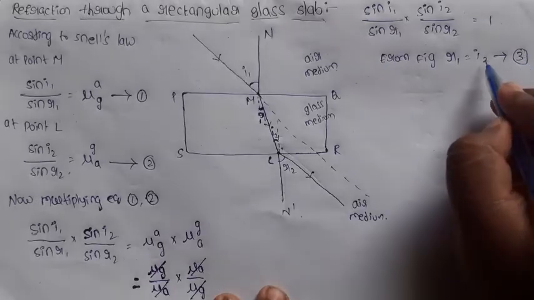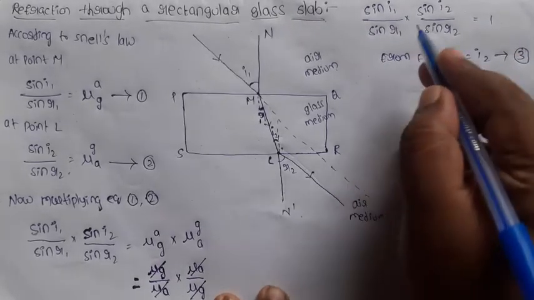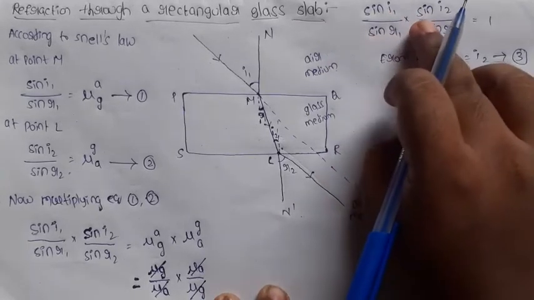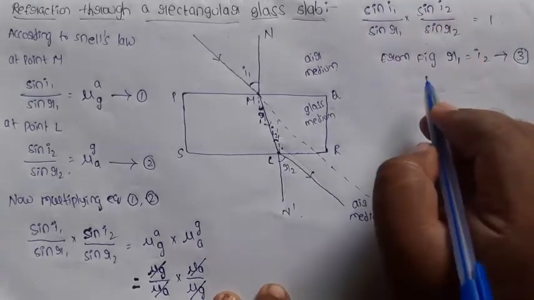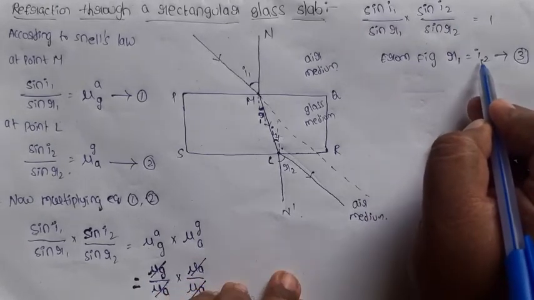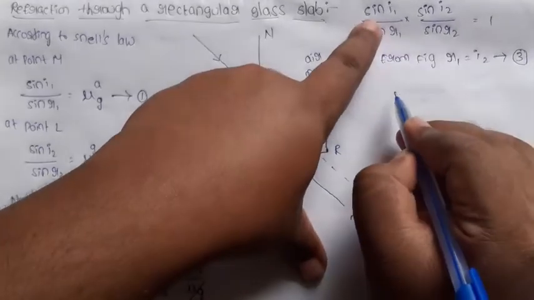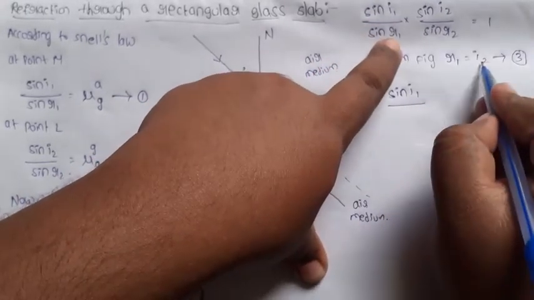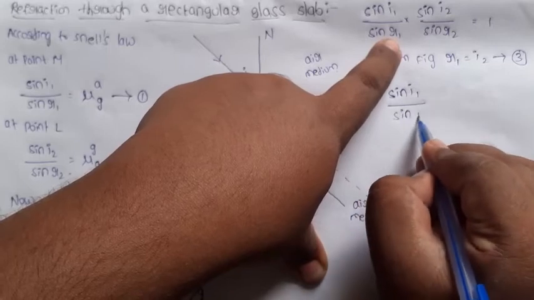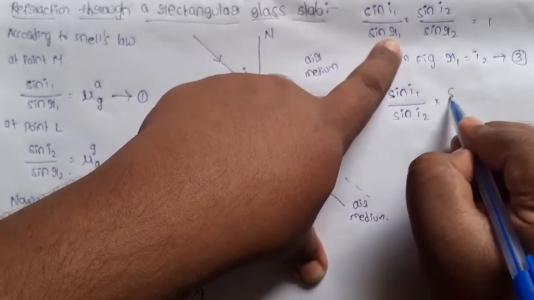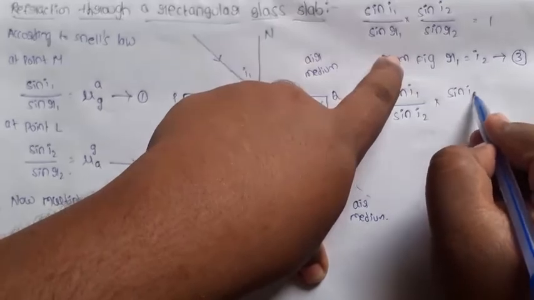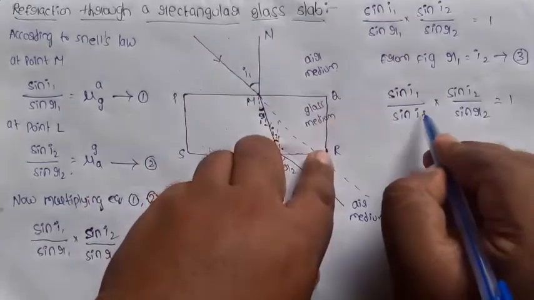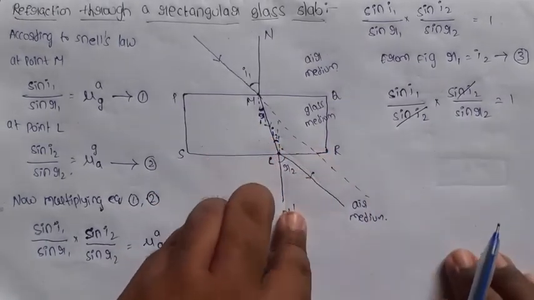I am substituting equation 3 in the above equation, means sin of I1 by sin of R1 into sin of I2 by sin of R2. In case of R1, I will substitute I2. So sin of I1 by sin of I2 into sin of I2 by sin of R2 equal to 1. Here sin of I2 will cancel.